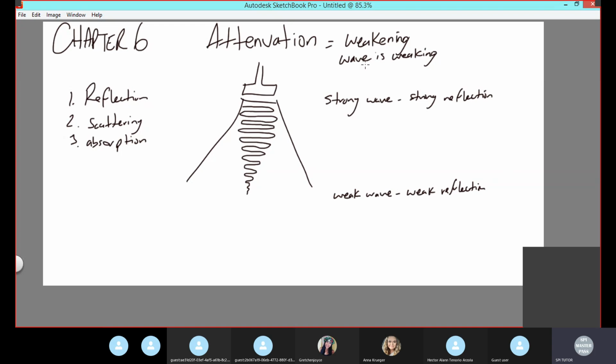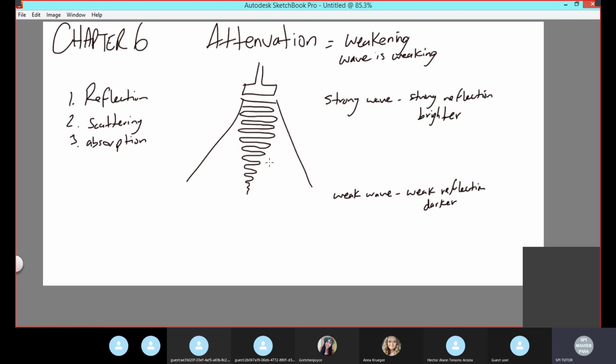It makes things appear brighter. So a strong wave giving you a strong reflection will appear brighter. A weak wave giving you a weak reflection is the opposite. It's going to appear darker. So this is how you get that brightness in the near field, darkness in the far field.